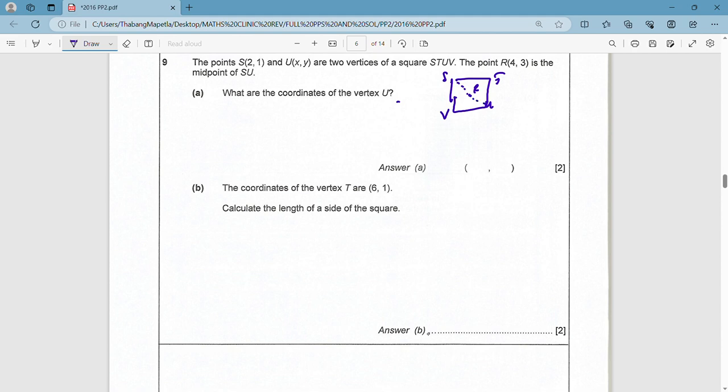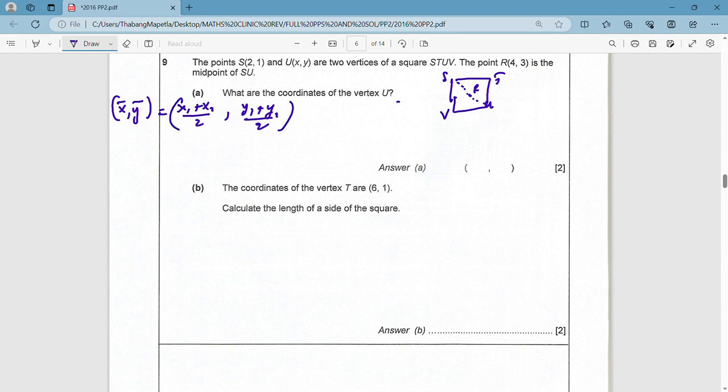Now it asks what are the coordinates of U? So what is R? First of all, R is a midpoint, therefore we can find the end point. S is this one. For midpoint R, (x bar, y bar) is going to be ((x1 plus x2) over 2, (y1 plus y2) over 2).